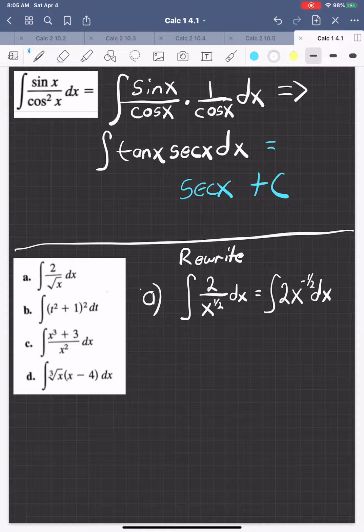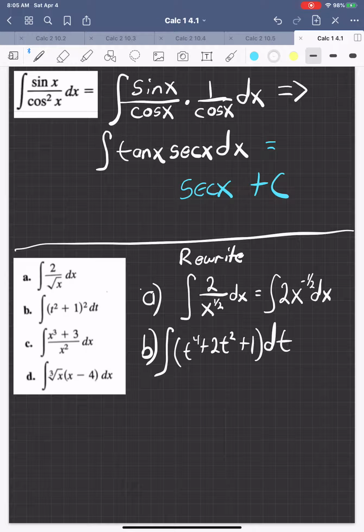Now, for part B, I would probably go through and FOIL that. I would take t squared plus 1 times t squared plus 1, so that I can rewrite that integrand as t to the 4th plus 2t squared plus 1. Then I would integrate that with respect to t.